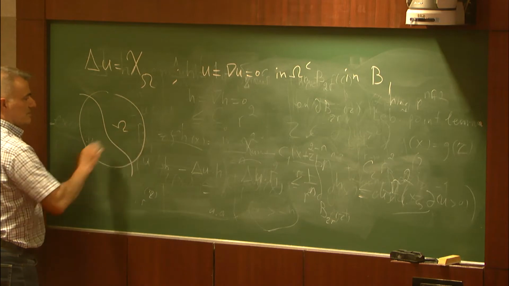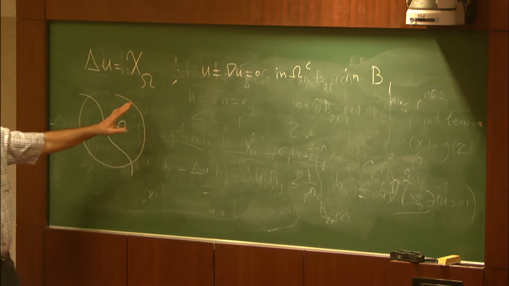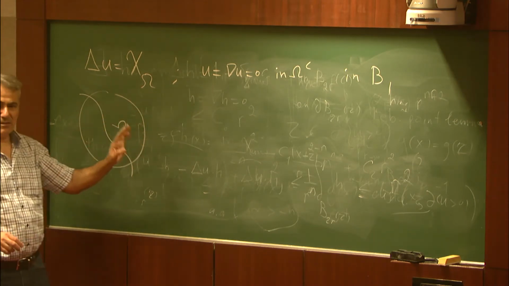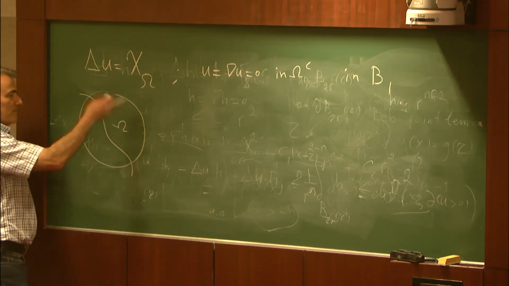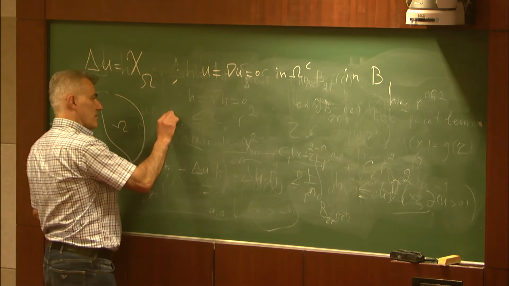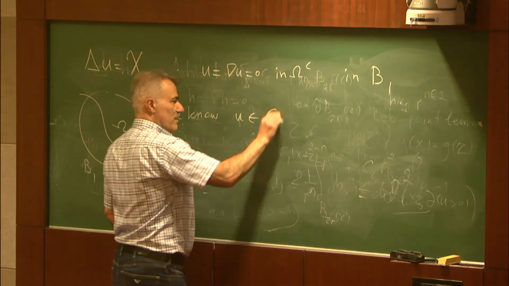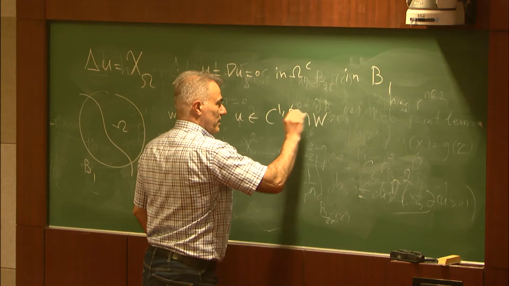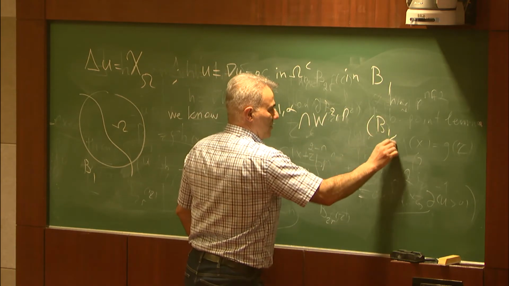So this is omega. Laplacian of u is 1 here, and then it's 0 here. The function and the gradient are going to be 0 here, and then it cuts off. Okay? And everything is in here. We know that u is C^{1,α}, let's say one half.